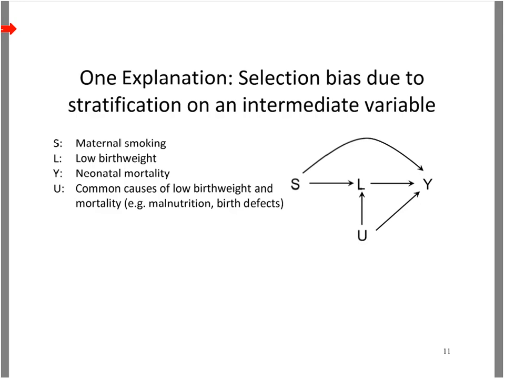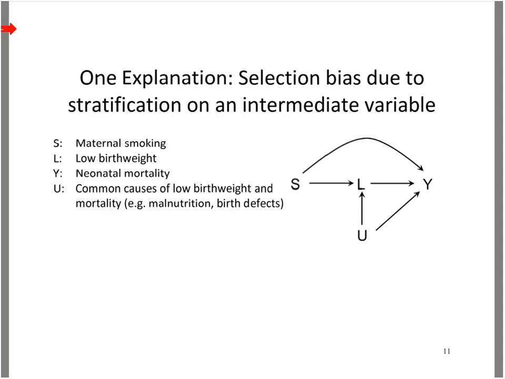So we have a randomized experiment where we give pregnant women either a bunch of smokes or we don't. Then L is whether the woman gives birth to a low or normal birth weight baby. And Y is an indicator of neonatal mortality.